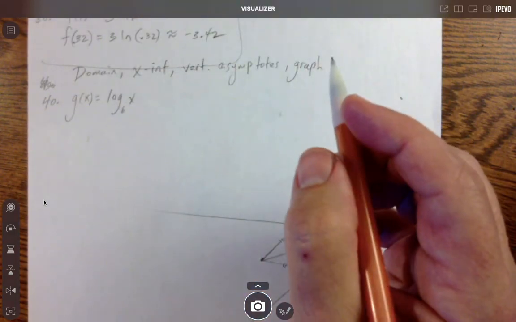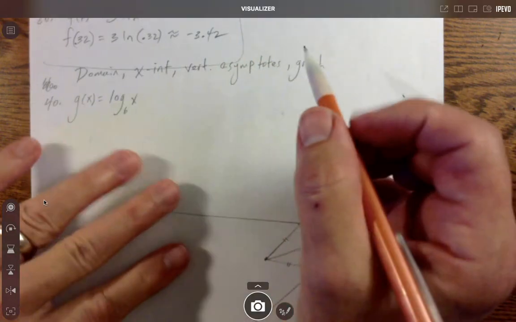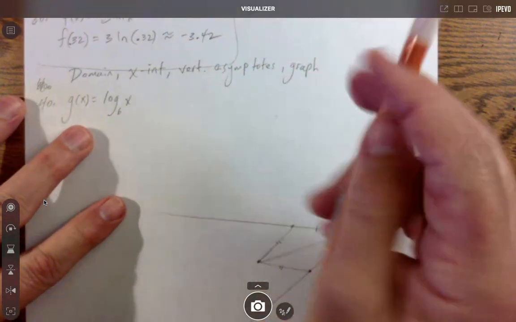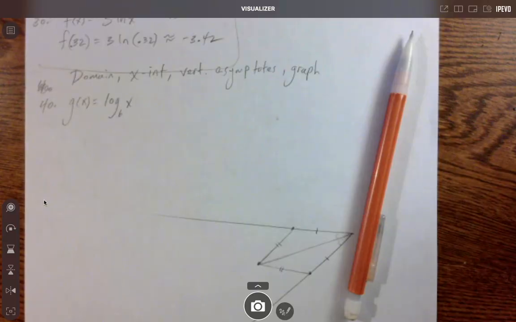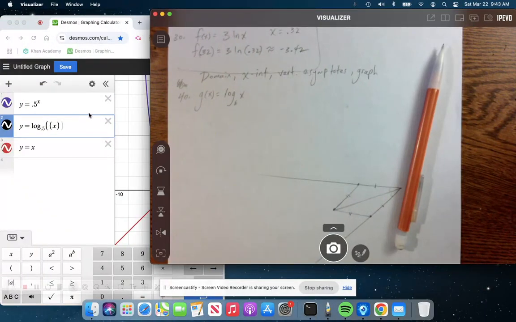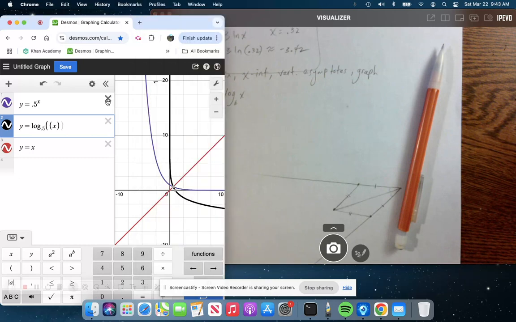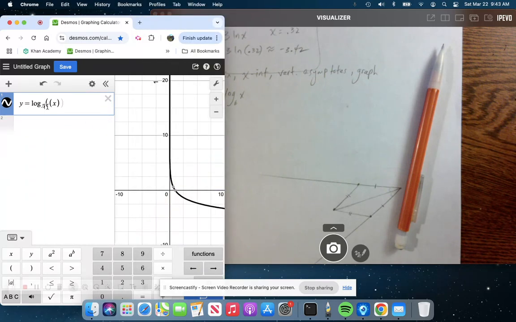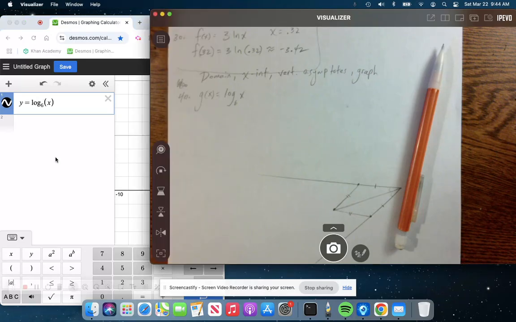Okay. All right, so let's just graph this on Desmos. So I want log base 6 of x. I don't need all these parentheses now, do I? Get rid of that. All right, so here's the graph.